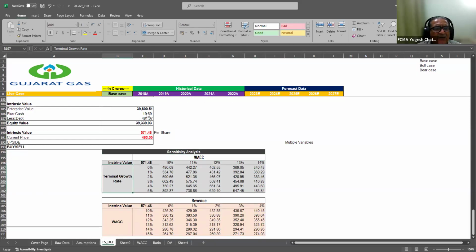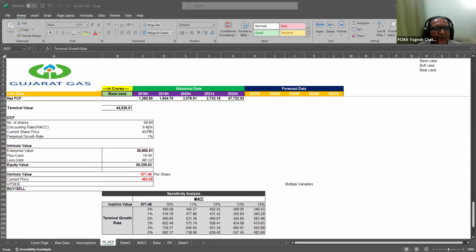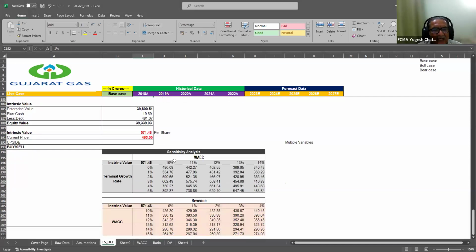As I have explained, I have taken the weighted average cost of capital at 9.46% and the perpetual growth rate at 1%. But if the weighted average cost of capital is between 10 to 14%, that is 10%, 11%, 12%, 13%, 14%, and the terminal growth rate is between 1 to 5%, what will be the price of the equity share that is reflected here.